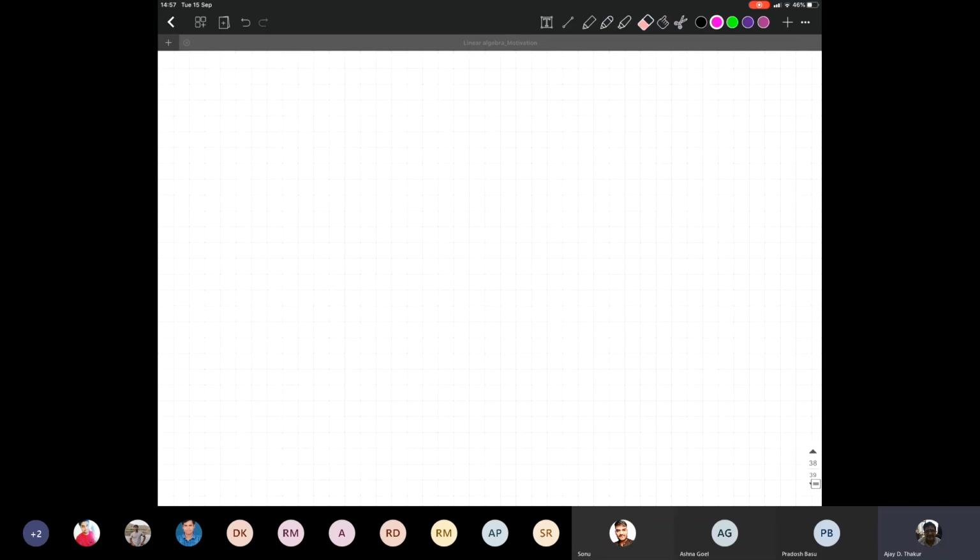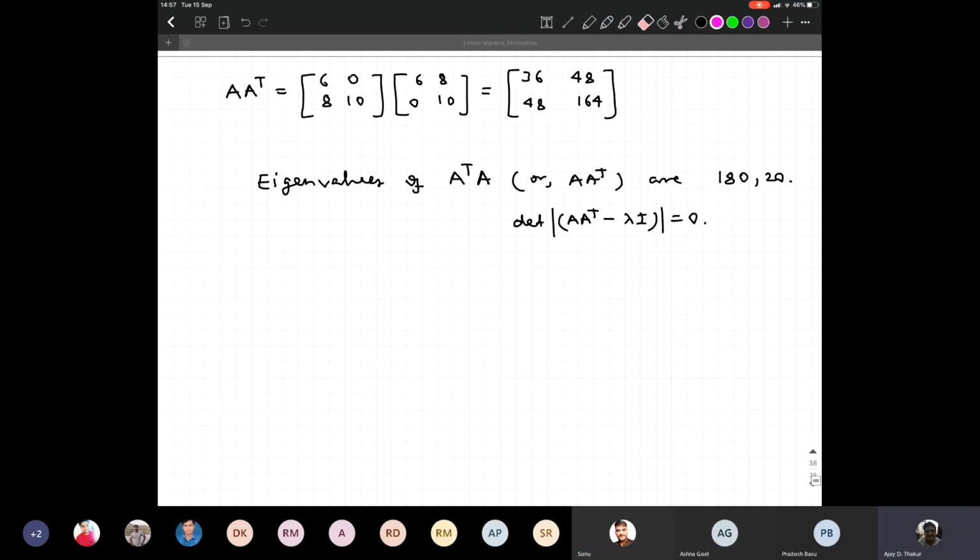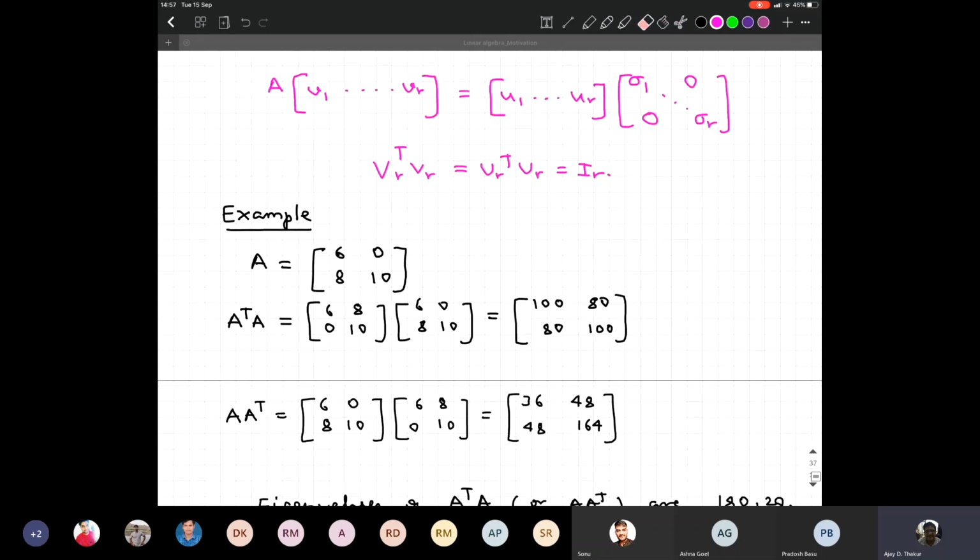The reason why I am doing these transposes is to rewrite this expression again. So we had A, which looked like U sigma V transpose. Suppose I am obtaining a quantity which is AA transpose. That is U sigma V transpose V sigma transpose U transpose. Right.